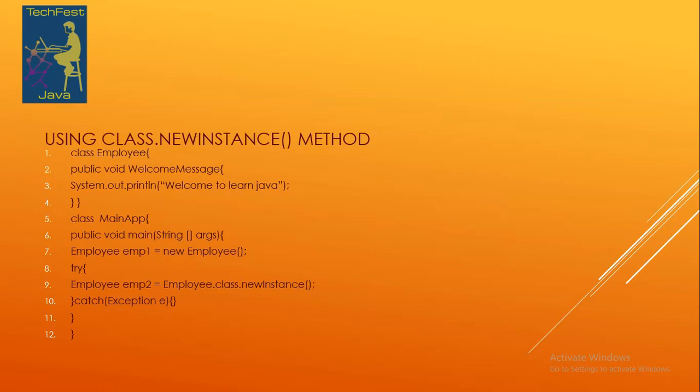Suppose we have an employee class having one method called welcome message, and there is a main class where the main method is. If we want to create an object we can use Employee.class.newInstance, and that will give a new object of that particular employee class. So this is the second way of creating an object in Java.